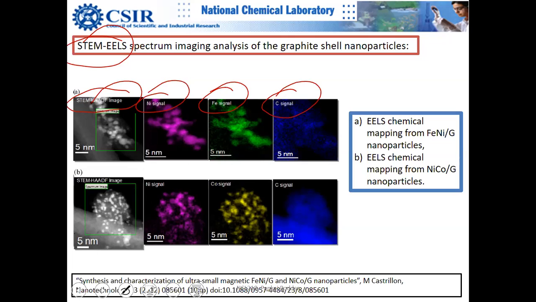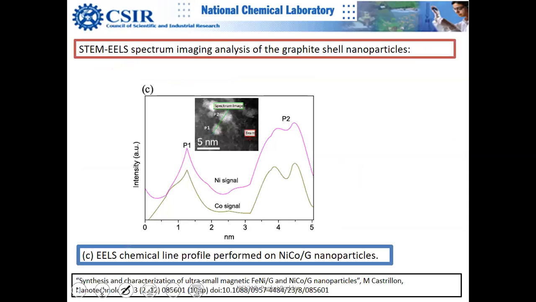If you publish these kinds of images, if you are working with catalysts or in organic chemistry, whatever, physics, you can see the impact of your research. I'm not talking about general impact.